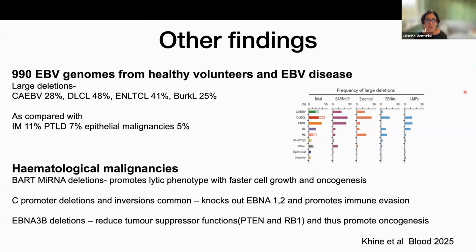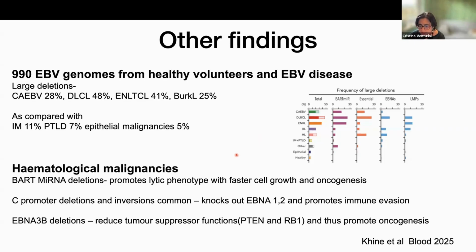They found that the frequency of the larger deletions in a condition like chronic active EBV or other types of lymphoma was higher compared to infectious mononucleosis or other types of epithelial malignancy, or also compared to PTLD. They also tried to understand better what might be the significance of these deletions.